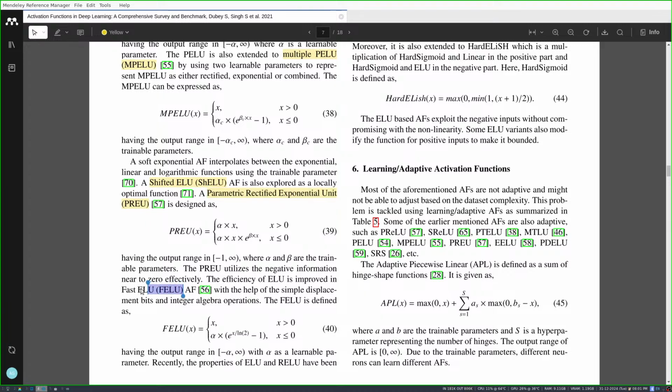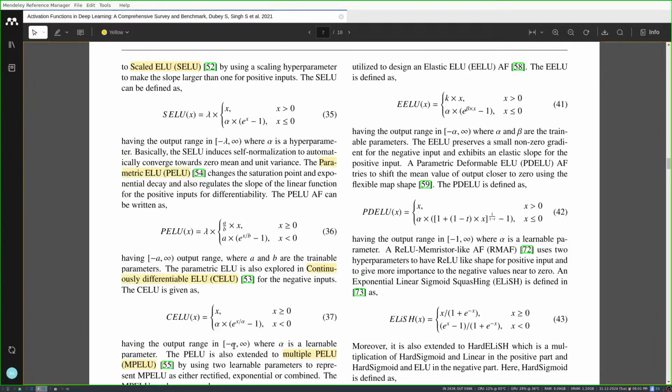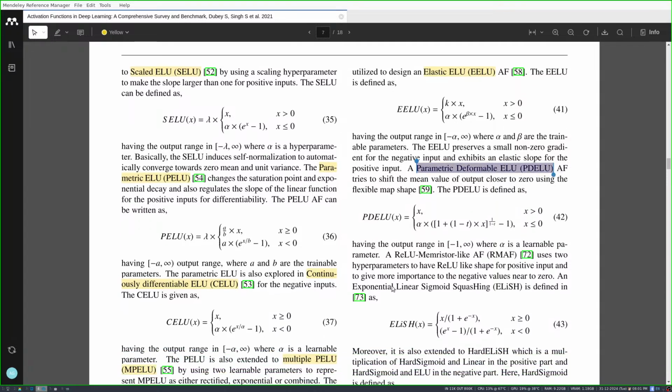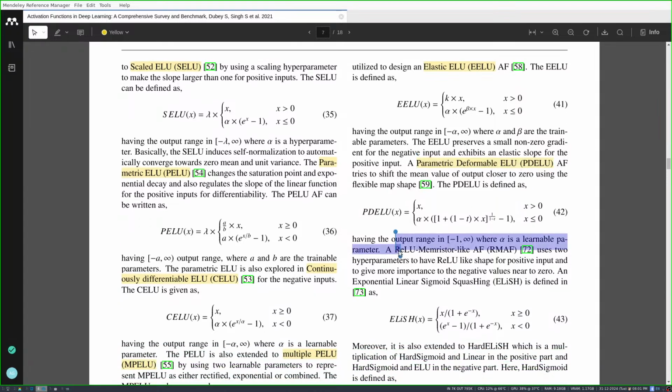Efficiency is improved. Fast ELU. Then there's elastic ELU. Some are changes. Parametric deformable ELU. Okay.